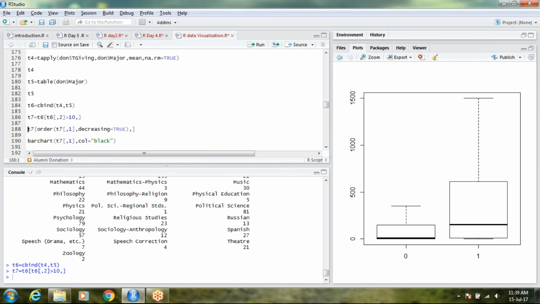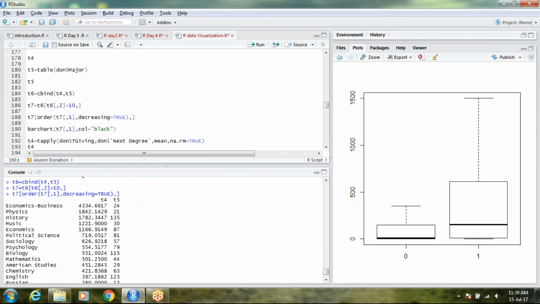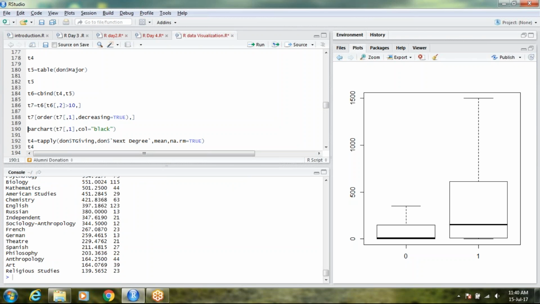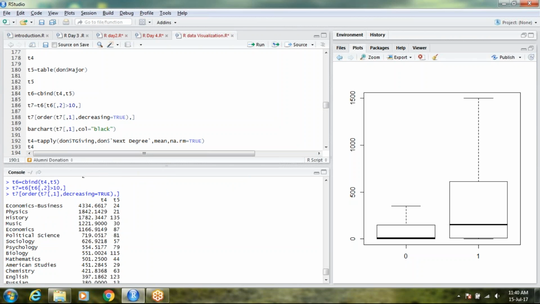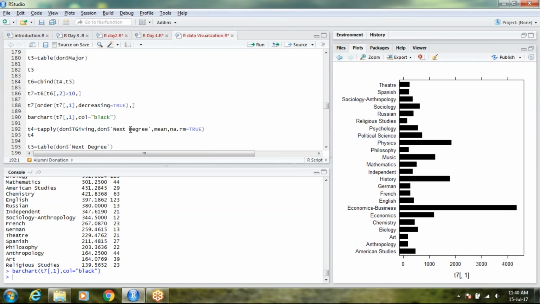And now I'm ordering them in decreasing order, according to the total contribution that has been provided, and also the strength of this batch or this department has to be more than 10. And let's visualize this and see.